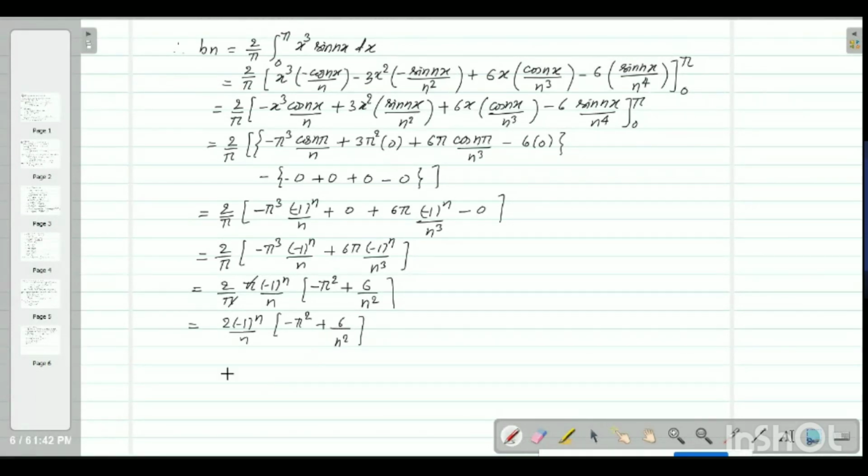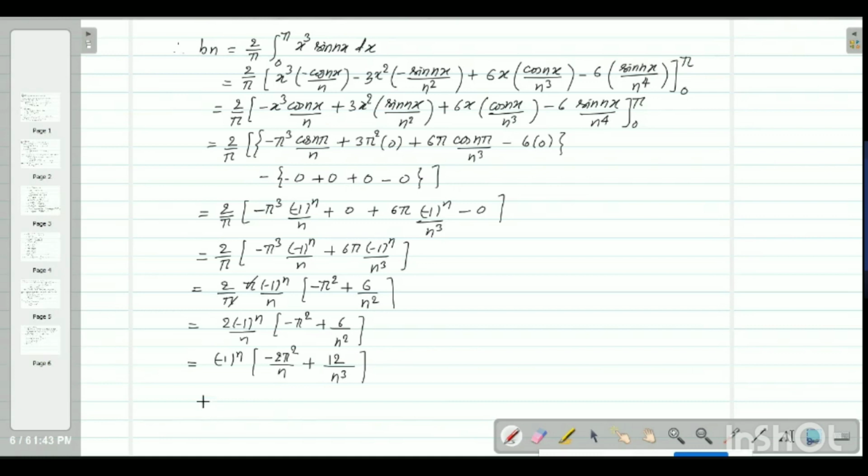Okay, just write it in a more systematic form. Let's multiply. This is equal to minus 1 raised to n as it is. We multiply this inside. So this is what? Minus 2 pi square by n and plus 12 by n cube. Okay, 12 by n cube.